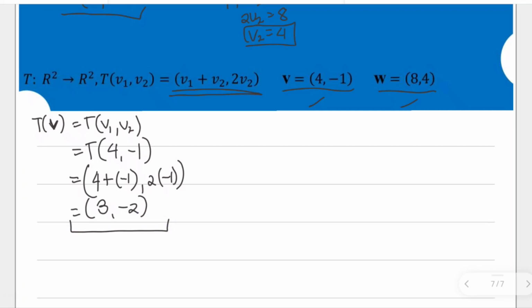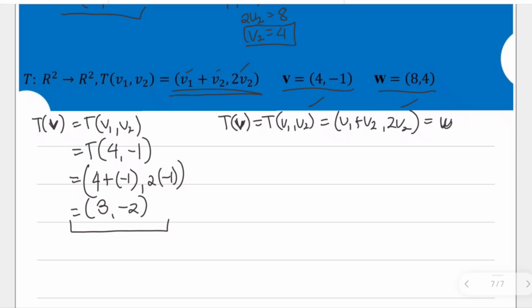Okay? You're just going to substitute only the components of vector v to get to this using this transformation. Now for our pre-image of vector w, again, this is how it looks like. We have the transformation of v sub 1, v sub 2 equal to this definition, v sub 1 plus v sub 2 and then twice v sub 2, equal to your vector w.